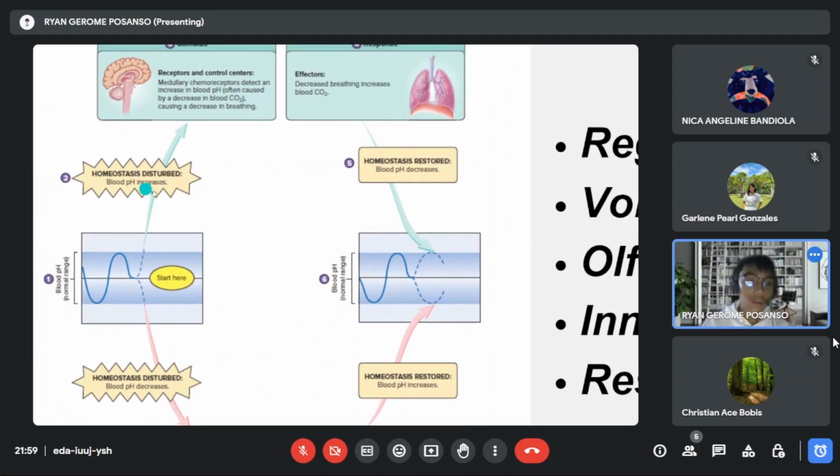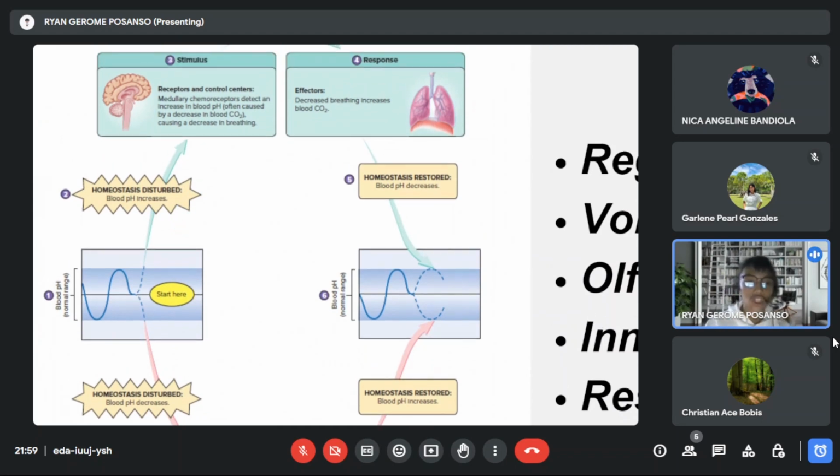When homeostasis is disturbed, blood pH naturally increases. This is received via stimulus by the receptors and control centers, namely the medullary chemoreceptors, which detect an increase in blood pH level, and it causes a decrease in breathing.